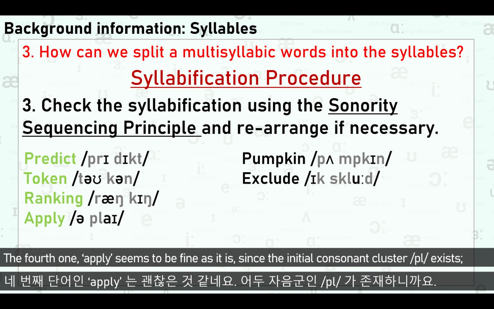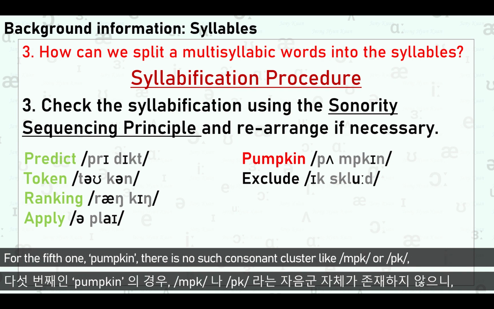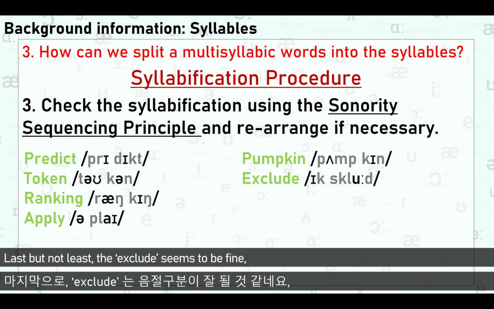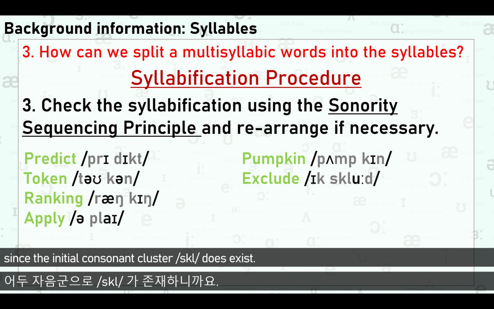The fourth one, apply, seems to be fine as it is, since the initial consonant cluster pl exists. For the fifth one, pumpkin, there is no such consonant cluster like mpk or pk. So mp, which does exist as the final consonant cluster, can shift to the coda of the first syllable. Last but not least, the exclude seems to be fine, since the initial consonant cluster does exist.